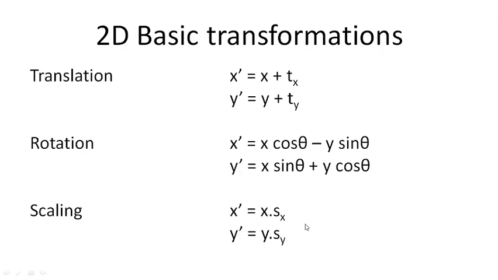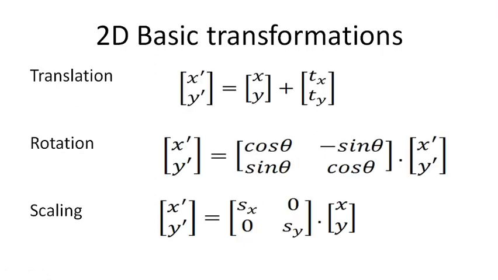of this form. The same transformations can also be denoted in the form of matrix like this. Here in case of translation, this is the translation matrix Tx and Ty, and it is added to the point matrix, which is in the form x y, to obtain the new location of the point.